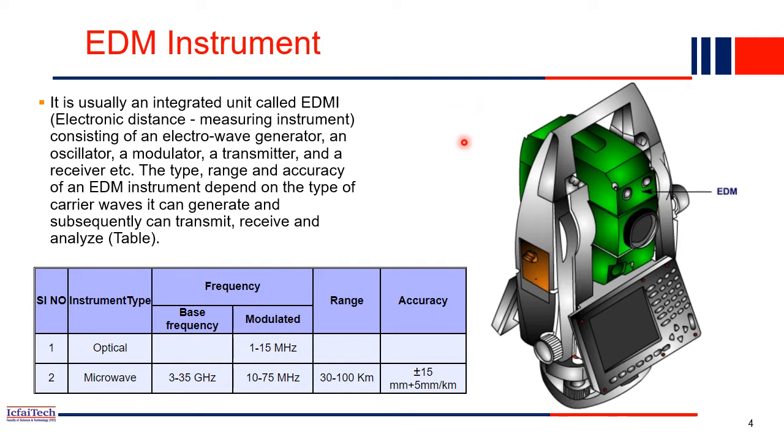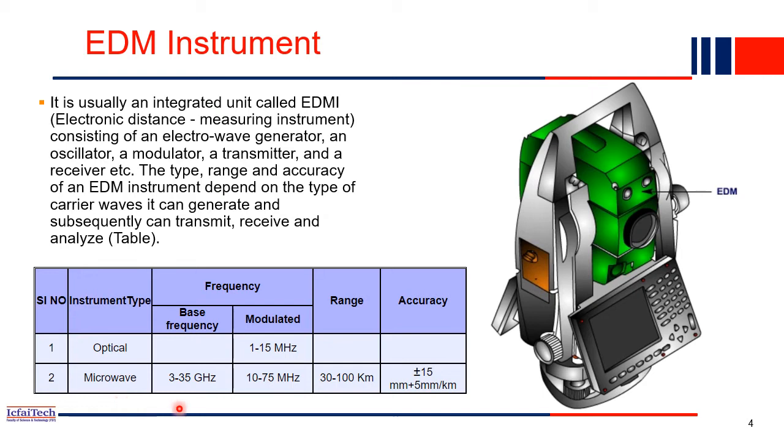Depending on the frequency, we have different types of waves. Some instruments send optical signals, and some send microwave signals from the EDM, which get reflected and come back here.